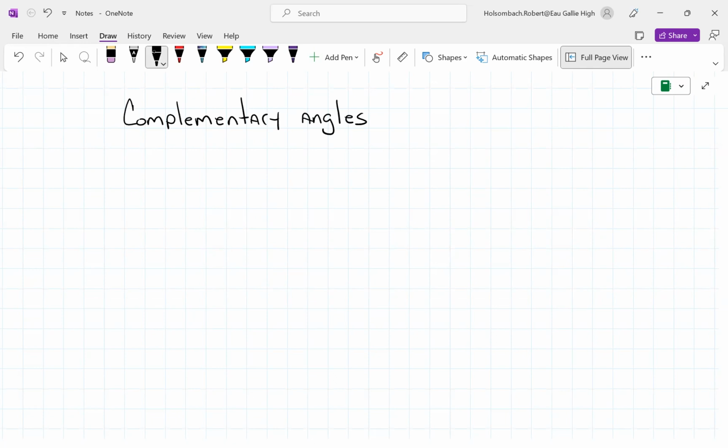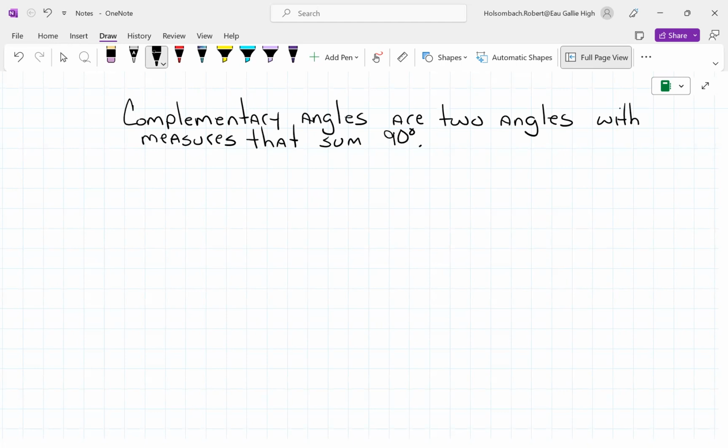Complementary angles are two angles with measures that sum 90 degrees. Complementary angles sum 90 degrees. Their measures sum 90 degrees.